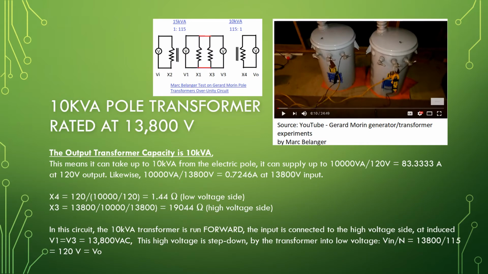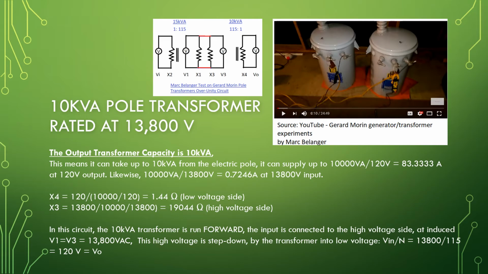The output transformer capacity is 10 kVA. This means it can take up to 10 kVA from the electric pole. It can supply up to 10,000 VA divided by 120 volt, equal to 83.3333 ampere at 120 volt output.